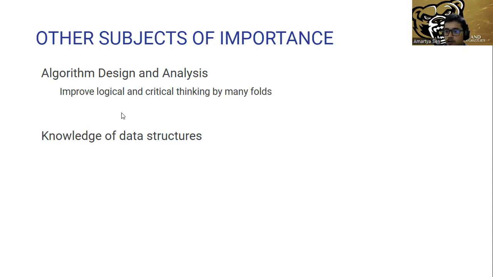You must be proficient in algorithm design and analysis, because that is going to improve your logical and critical thinking. And that is very important if you are going to pursue a job as a software developer or as a software engineer, right? If you're going for any kind of development role, you need to be very strong with algorithm design and analysis, and you need to have a good knowledge of the different data structures that are out there, right?